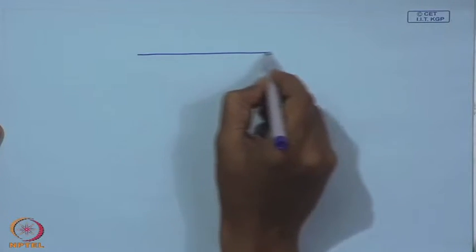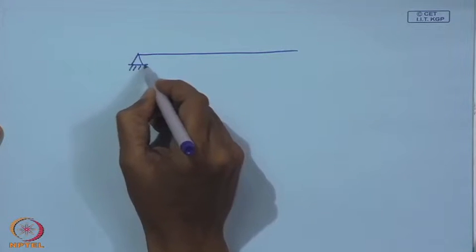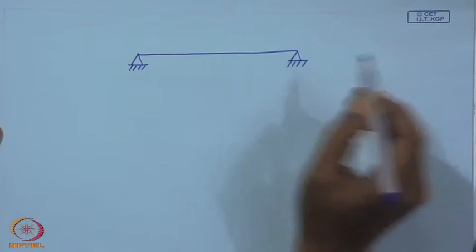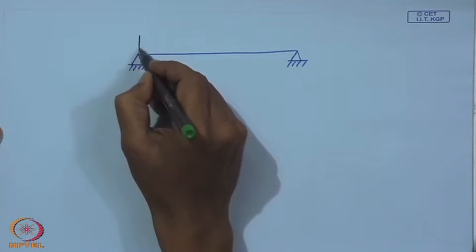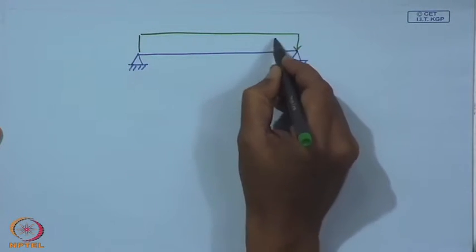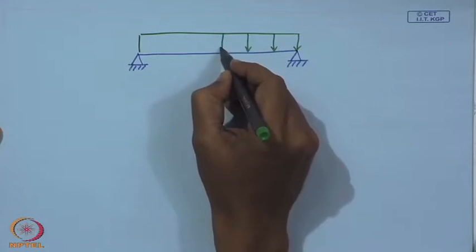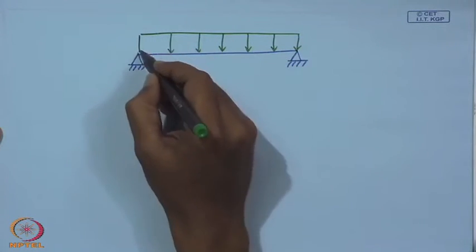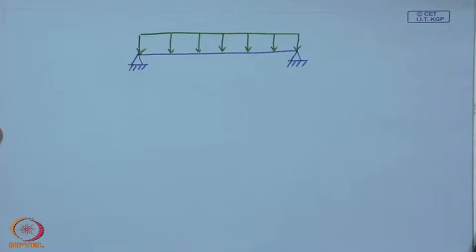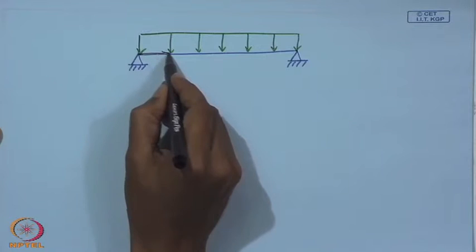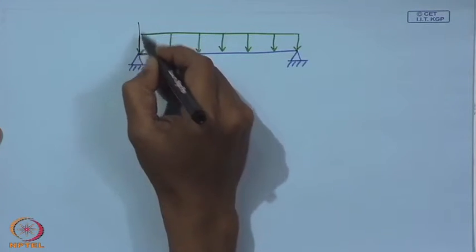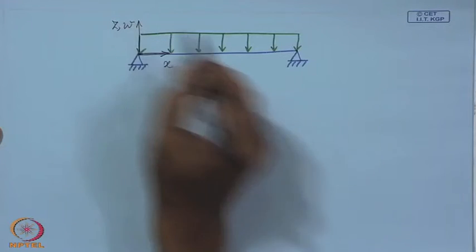We consider a string with a uniformly distributed harmonic force. So, this is a taut string on which we have a uniformly distributed harmonic force.